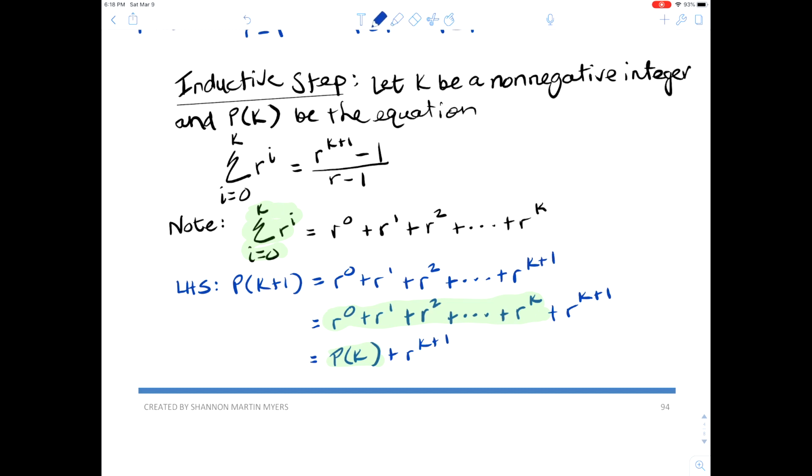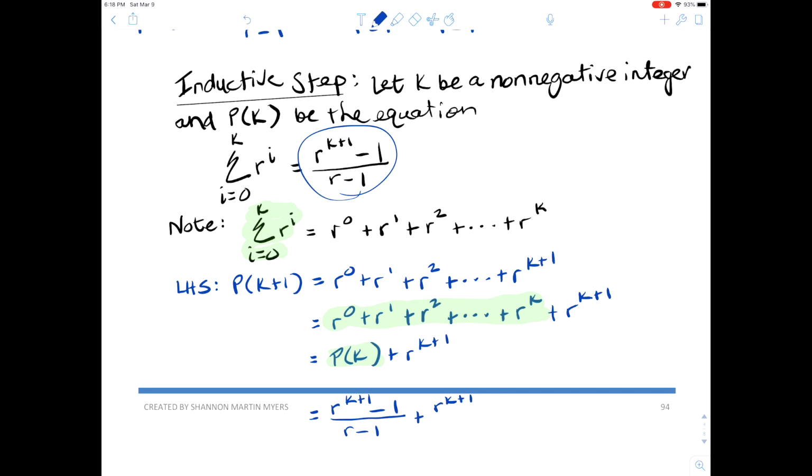So we can substitute in what P of k is supposed to equal, which is this part here. So this is going to give us r to the k plus 1 minus 1 over r minus 1, and then plus r to the k plus 1.